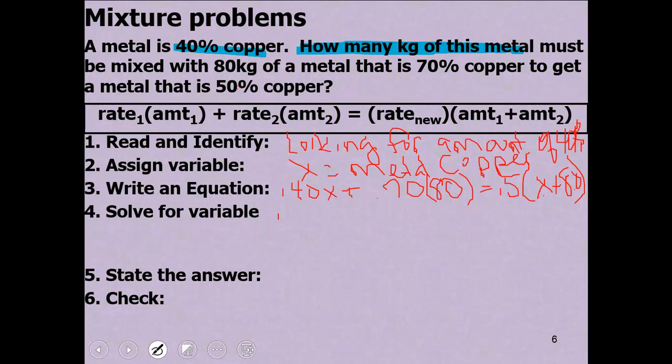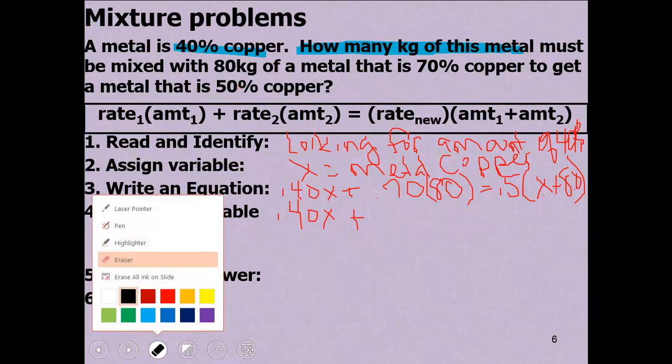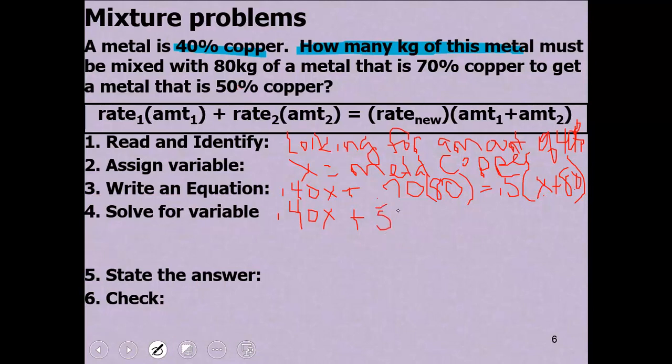I'm going to do some multiplying. I got 0.40x plus 56. Equals 0.5x plus 0.5 times 80 is 40. That's like half. All right. I'm going to move my x's together.